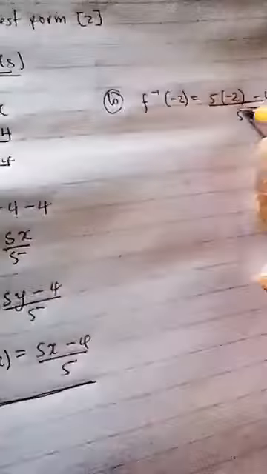So b, f inverse of negative 2 is equal to, in this equation, where there's x you set it to be negative 2: 5 times negative 2, minus 4, divided by 5.